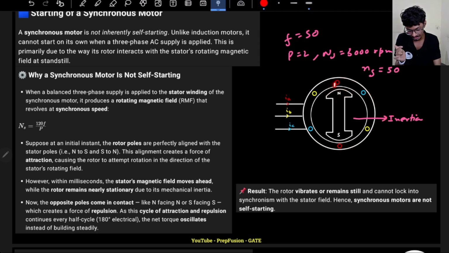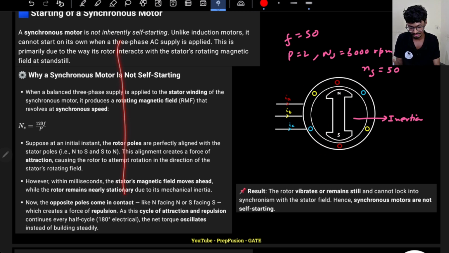Initially the north pole was here, giving repulsive torque, then in a very short duration the north pole came again here, providing attraction to the same rotor. At an instant it is providing repulsion and attraction, so overall the average torque will be zero.